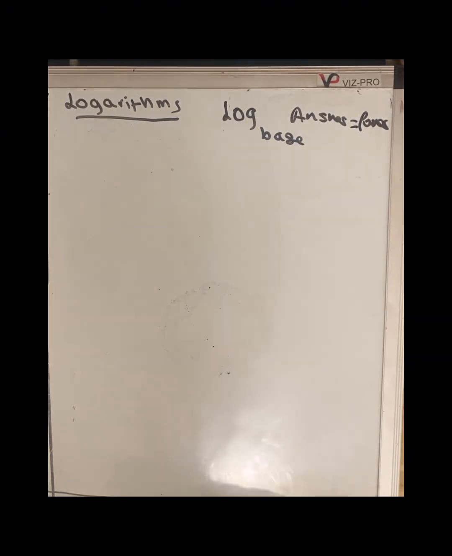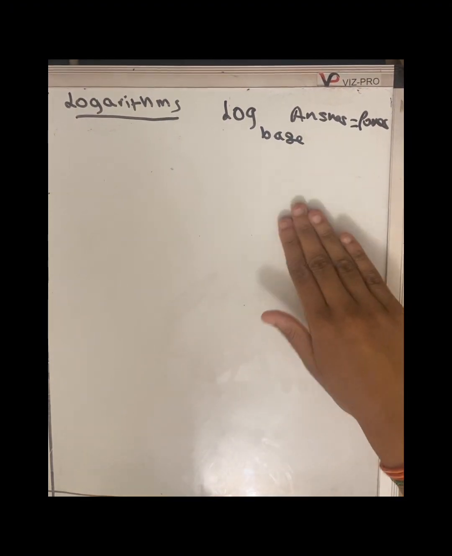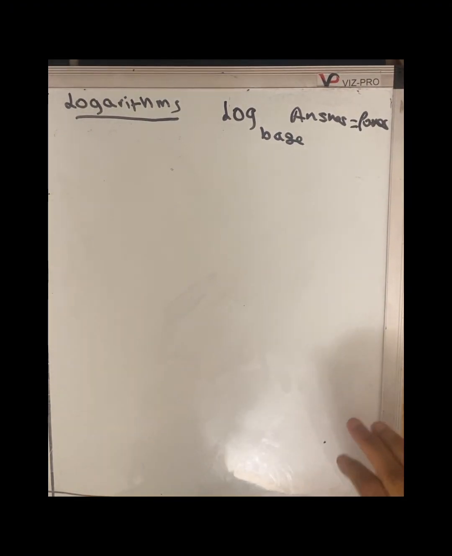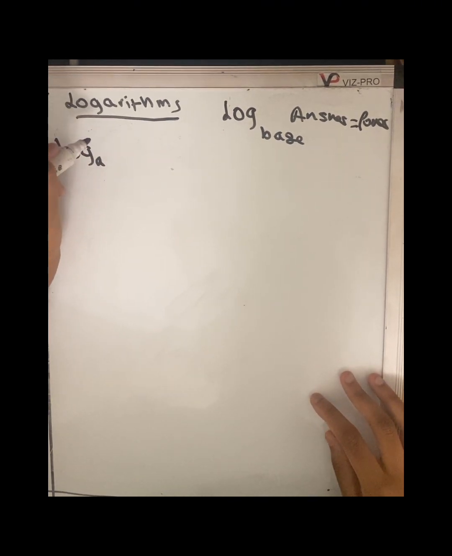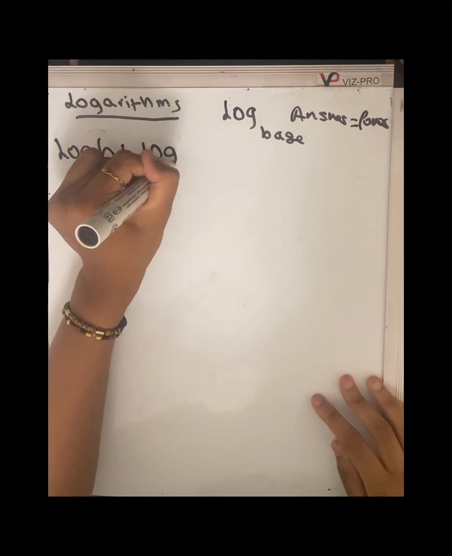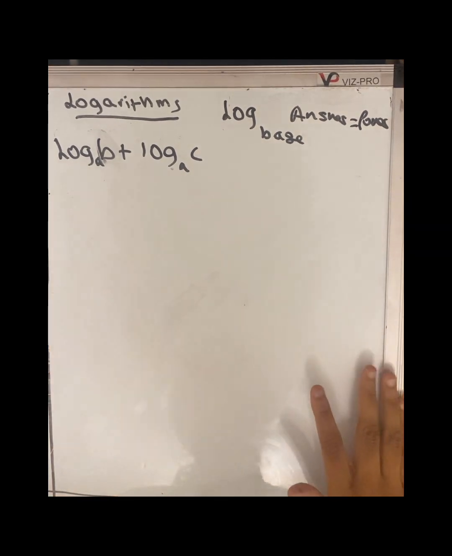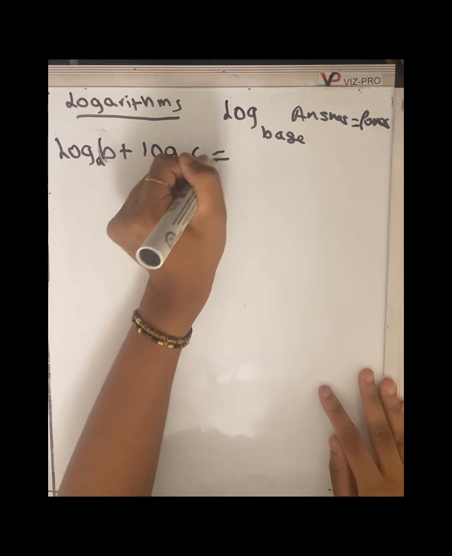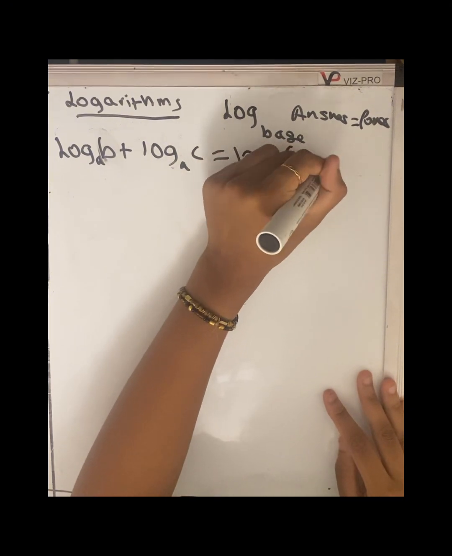Now we're going to go through something called the log laws. There are quite a few, but I'll give you the most basic ones. If I had log base a of b plus log base a of c, like if that was an expression, that would be equal to log base a of b times c.